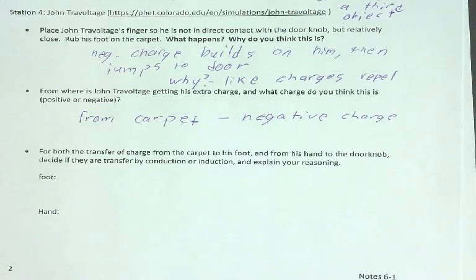Okay, so for both the transfer of charge from the carpet to his foot and from his hand to the doorknob, decide if it's transferred by conduction or induction. Just as a reminder, we talked about these already.